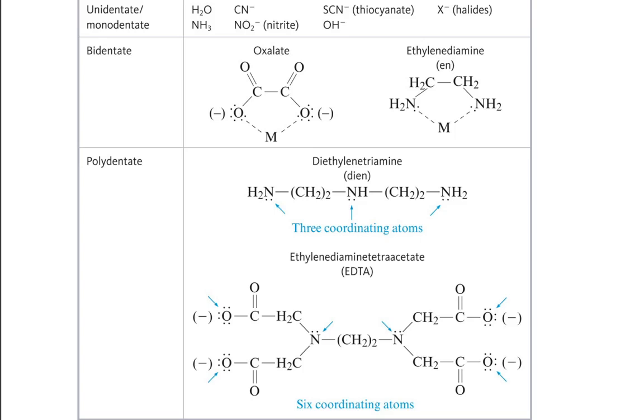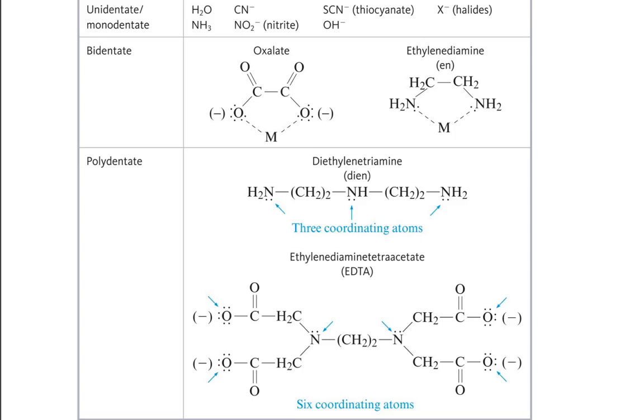Two common bidentate ligands are oxalate, and where it attaches are on those two singly bonded oxygens. So each one forms a covalent bond with the metal, which is given by that symbol M. It's a big enough molecule that it can kind of wrap around and bond in two spots.